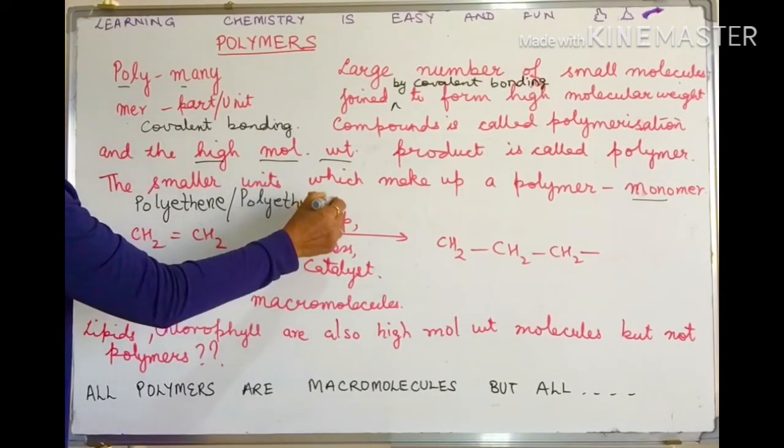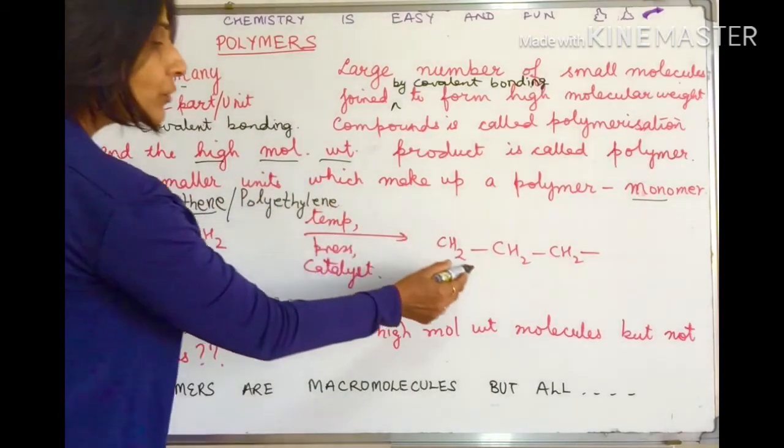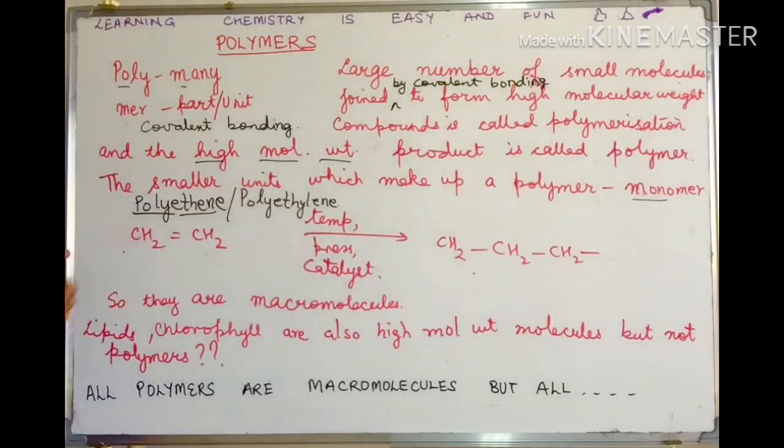Now as the name indicates, poly means many, ethene, a number of ethene molecules joined together to form the product. Now n here can be anything. It can be around 50 to 100,000.